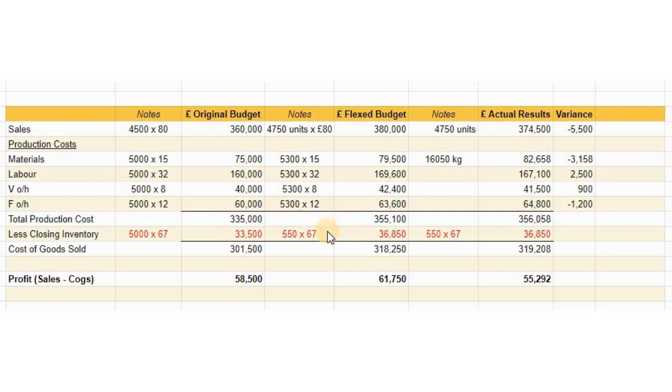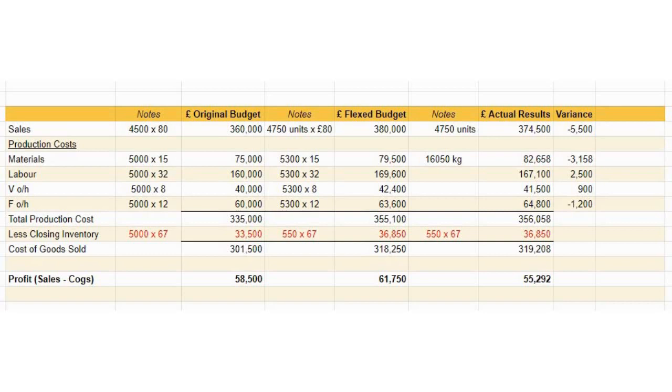And for the closing stock, 550 at £67 gives a cost of goods sold for the flexed budget. Now this is what we would have expected the cost of goods sold to be, and we would have expected this profit of 61,750, but we actually got 55,292. So why is that? Now, is this an adverse variance or is it a favourable variance?